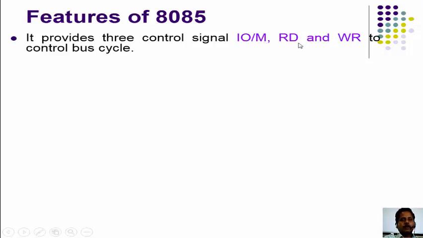Then RD stands for read, which is also an active low signal, and WR indicates the writing operation related control signal, that is WR bar. So IO/M bar, read bar and write bar are the 3 control signals available with the 8085.